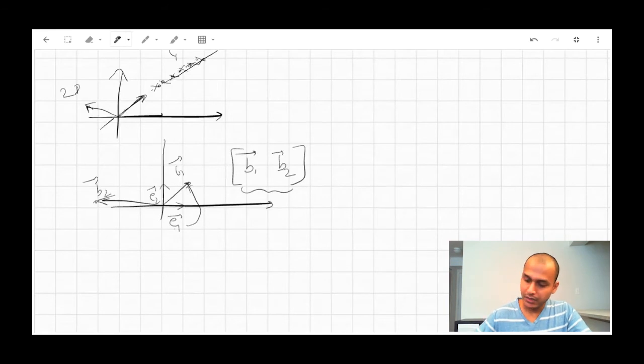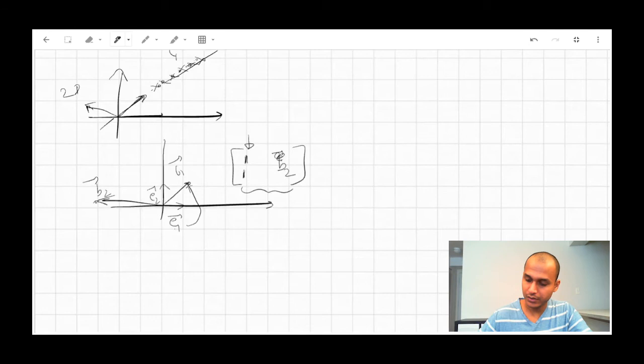So this B1 and B2. Let's say, what is B1 in the first coordinate system, the E1 and E2 coordinate system? Maybe B1 looks like 1, 1 to me. So write 1, 1. This is a representation of B1, which is a vector in the first coordinate system, right?